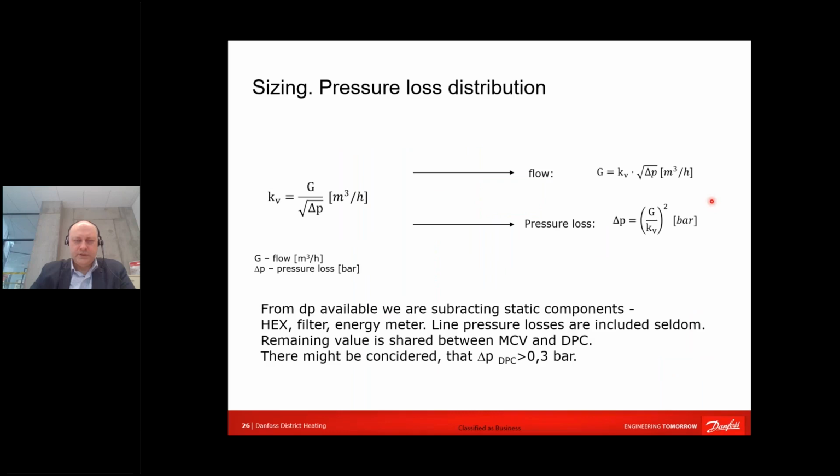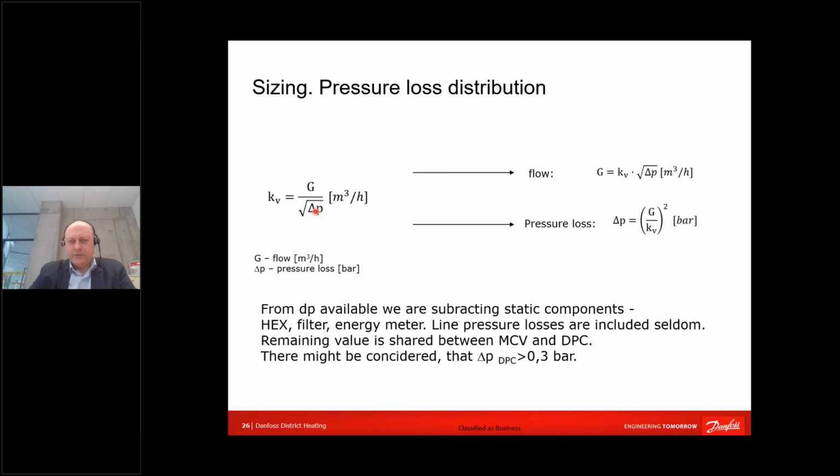How do we size? We are selecting flow, divided by delta P. Normally, we are splitting pressures across the components, and as was said, we know how much pressure we will consume with the heat exchanger, with the heat meter, and some other components.